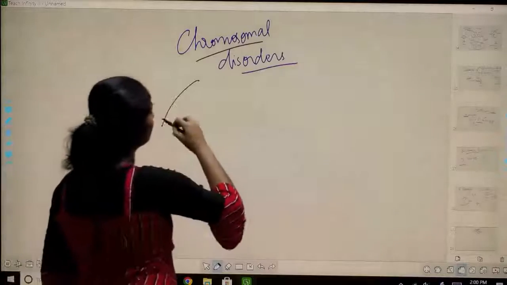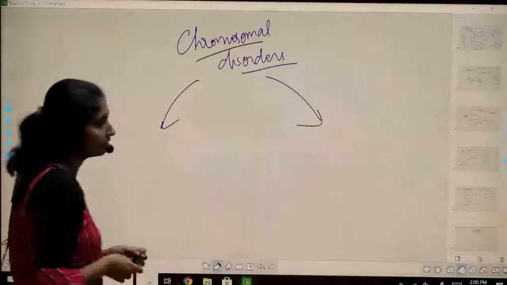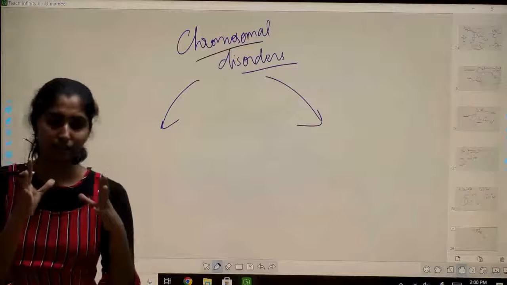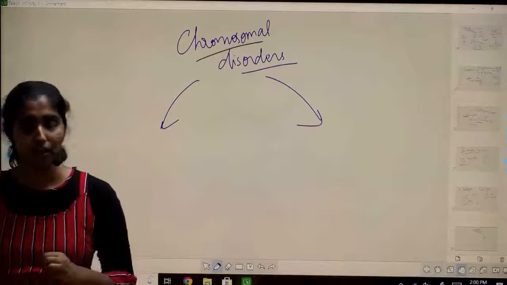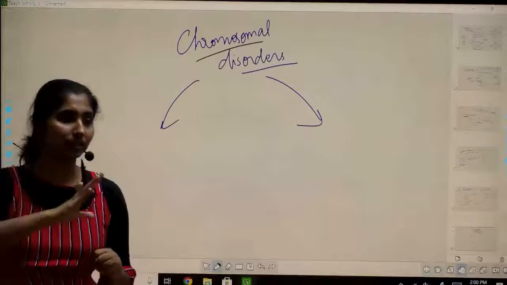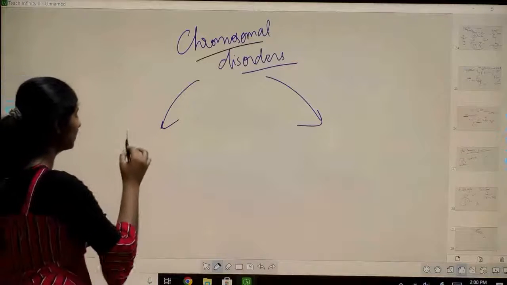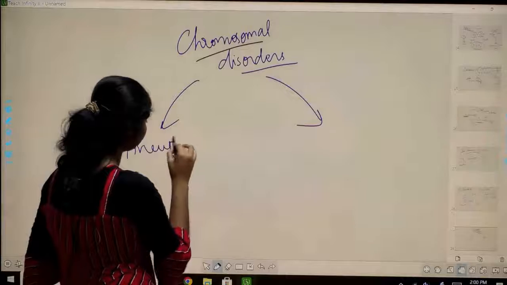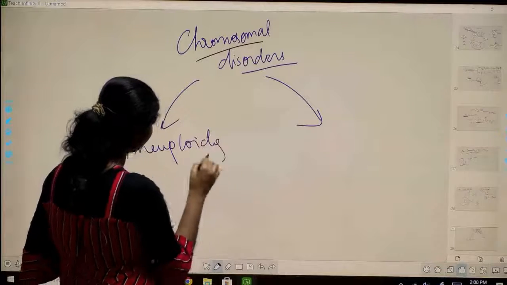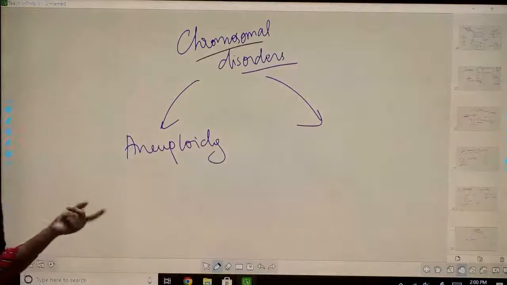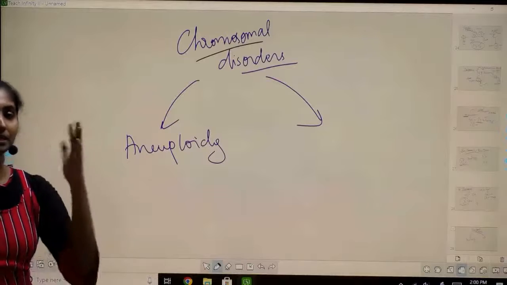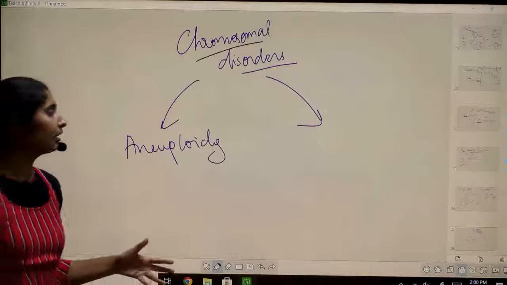As a result, either one extra chromosome was added or one chromosome was removed from the total genome. So we can have aneuploidy. Aneuploidy occurs when an extra chromosome is either added or subtracted.